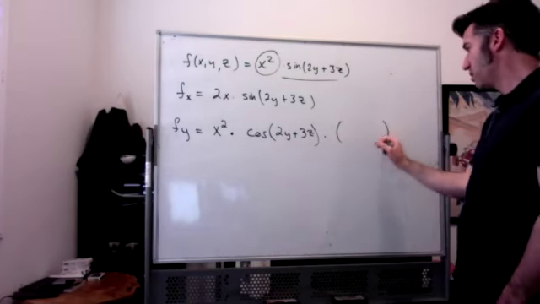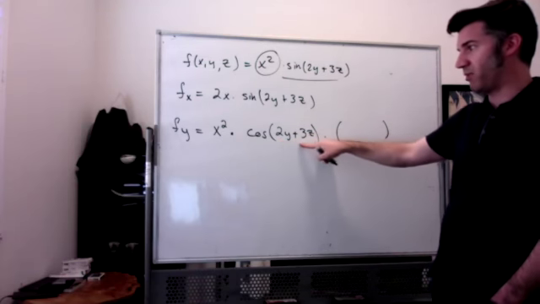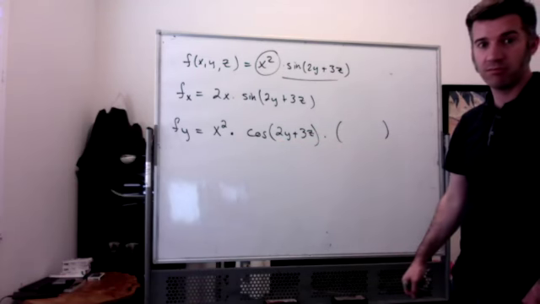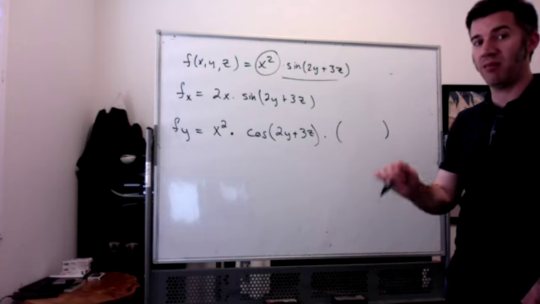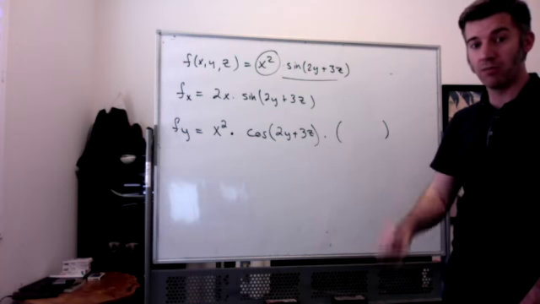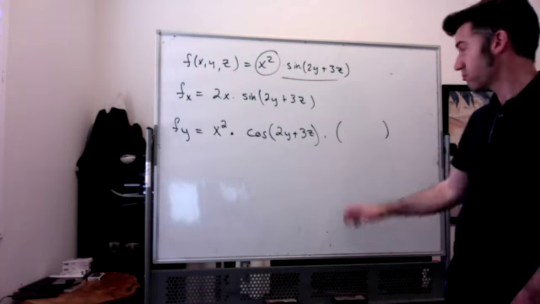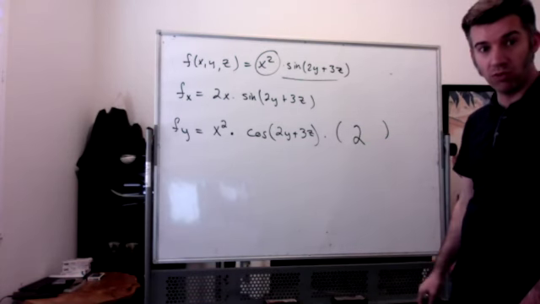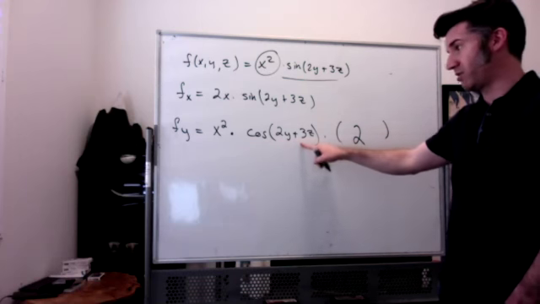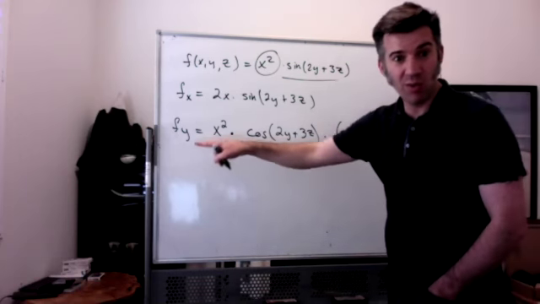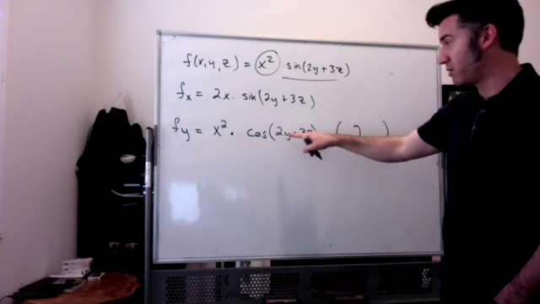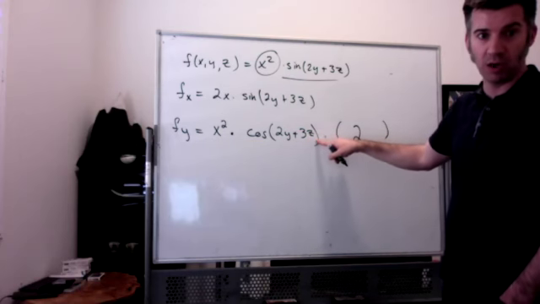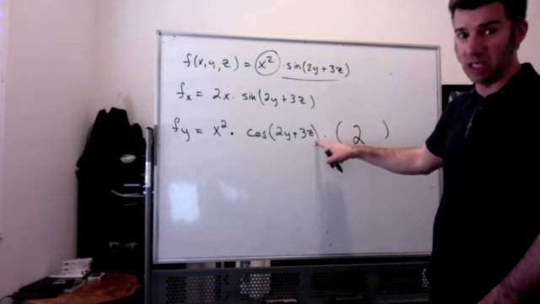What's the derivative of 2y plus 3z? It's 2. The derivative of 2y plus 3z with respect to y is 2 times 1 plus 3 times 0, since the derivative of z is 0.